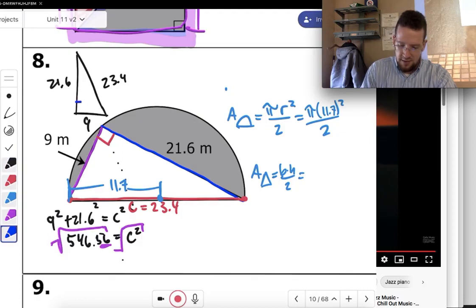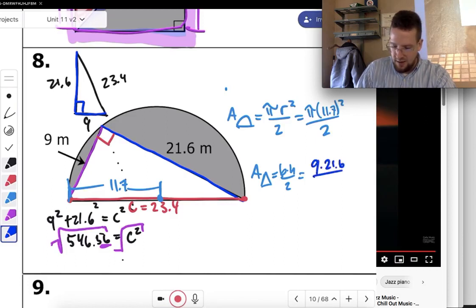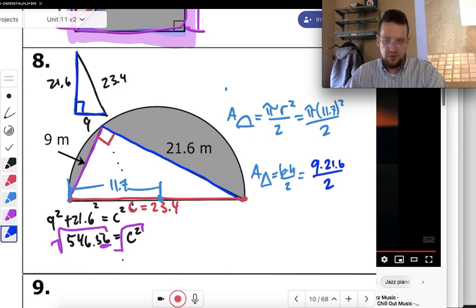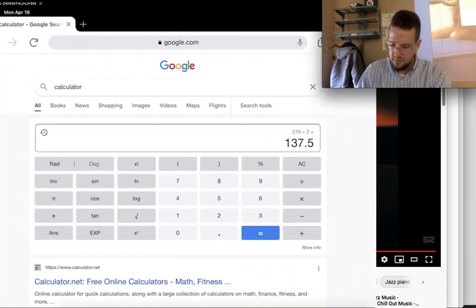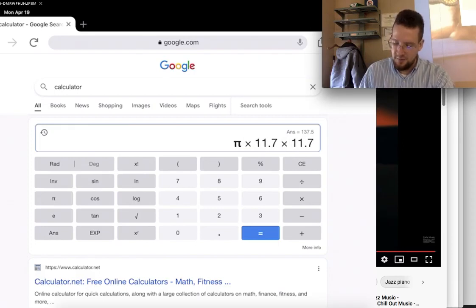And remember that the base of the triangle and the height are perpendicular. So the base is 9 and the height is 21.6. And then this is going to be divided by 2. So let's do the top and then we'll do the bottom. So this is pi times 11.7 squared. Pi times 11.7 times 11.7, because that's what squared is. It's when you multiply something by itself.